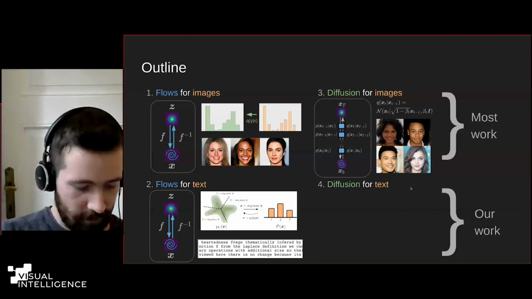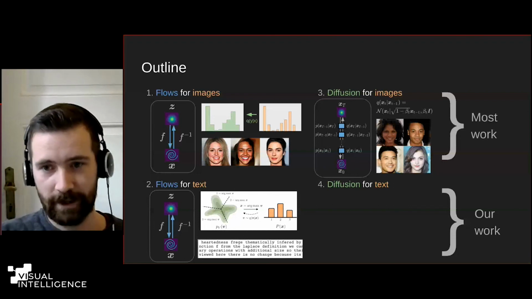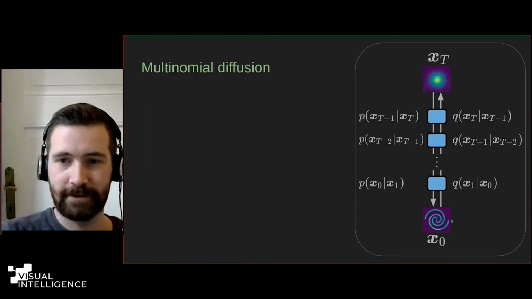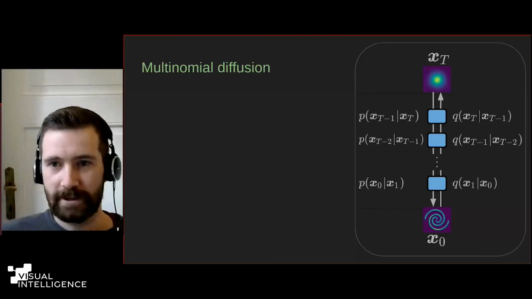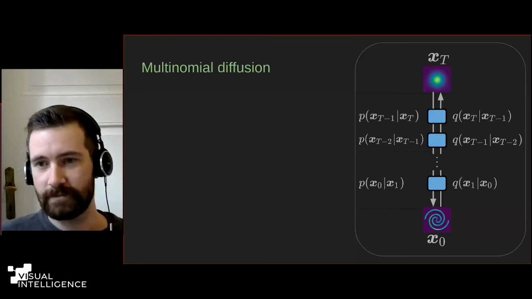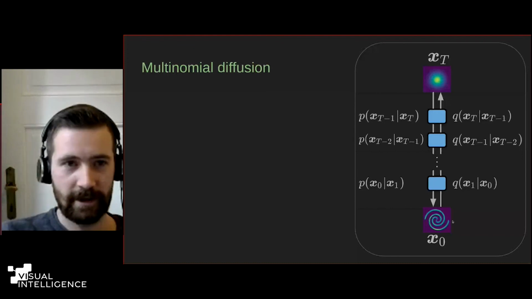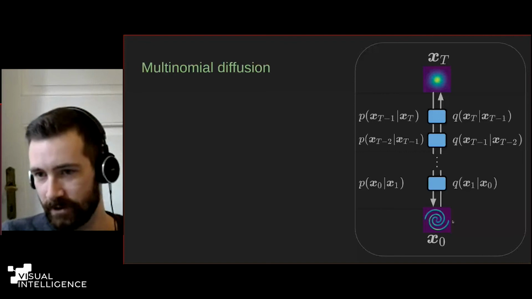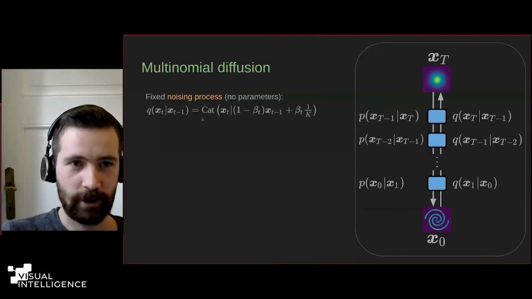So then the final part is on how we did something similar to this, but for text. Our multinomial diffusion model is actually very, very similar. The setup is exactly the same, except our data is discrete, and the noising process is done using a categorical distribution.